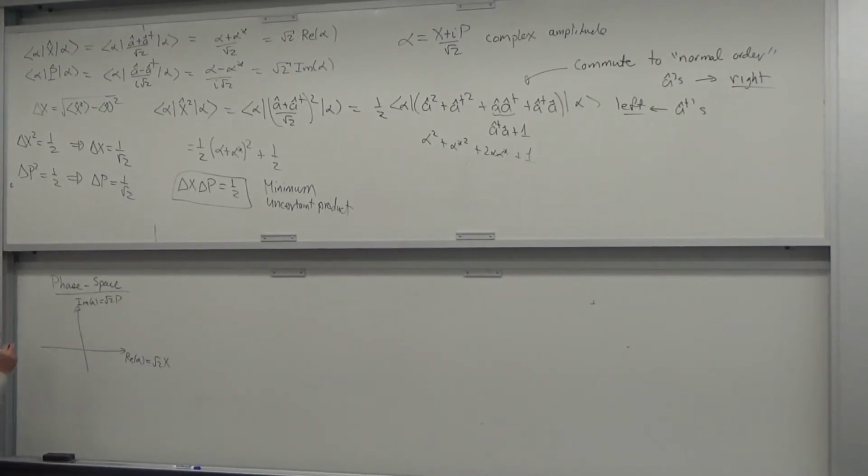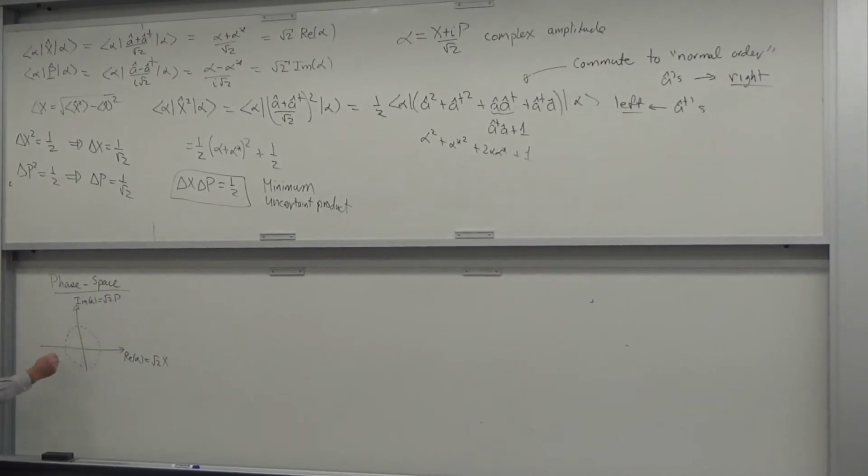And we said the things that were energy eigenstates were sort of like being on an energy shell in a harmonic oscillator, which has a definite radius, but we don't know where it is in x and p. Those are like the Fock states. But if I wanted to think about a coherent state, classically, we have a complex amplitude, and that complex amplitude then rotates around like a free harmonic oscillator.